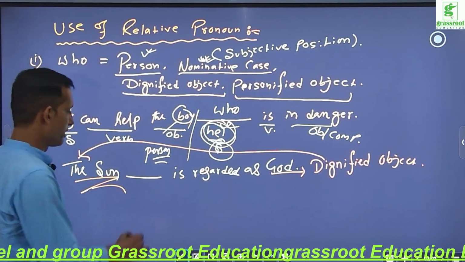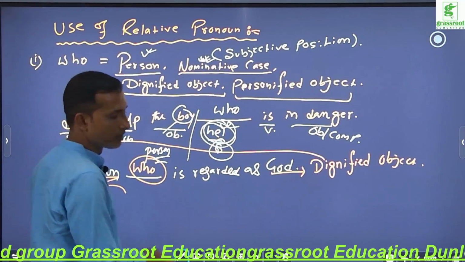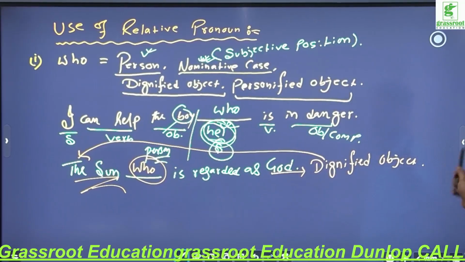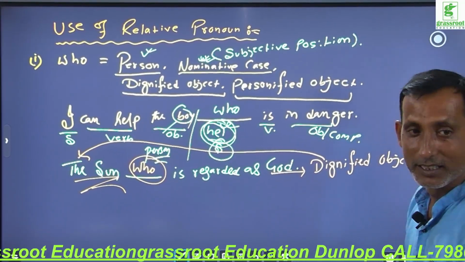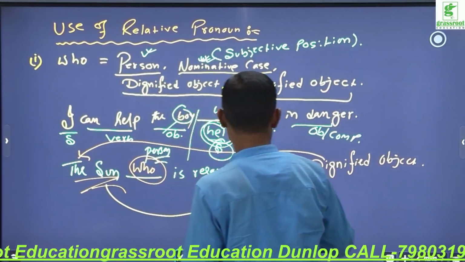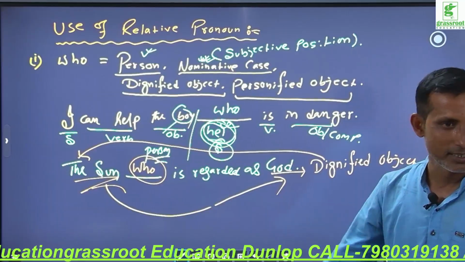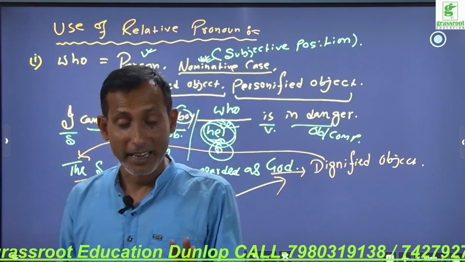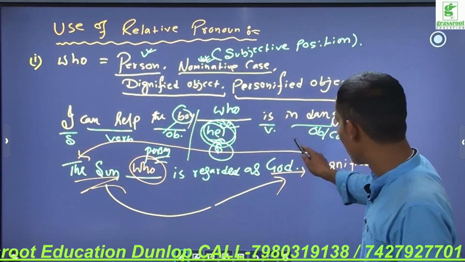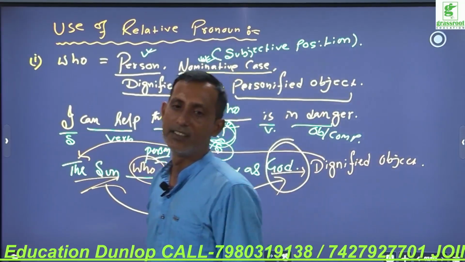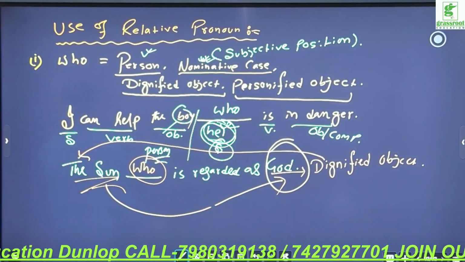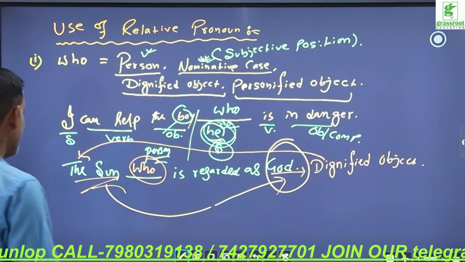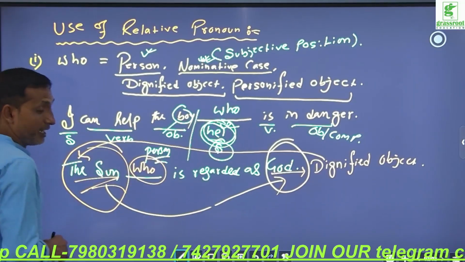The sun who is regarded as God. So here, where the sun is compared to or regarded as God, it becomes a dignified object. We know the sun is an object, but here as it is regarded as God, it becomes a dignified object. Is it clear or not?